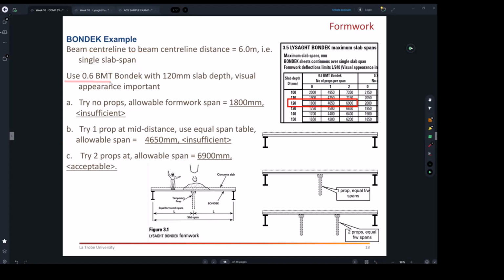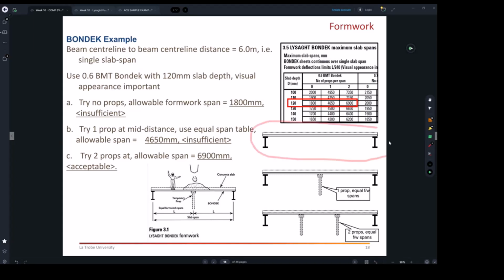Use 0.6 bottom material bonding with 120 thick slab depth. Visual appearance is important. Try no props. Allowable formwork span is insufficient. So they're basically taking you slowly through the process of using the tables I'm talking about.